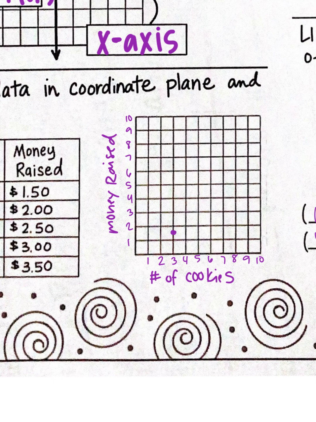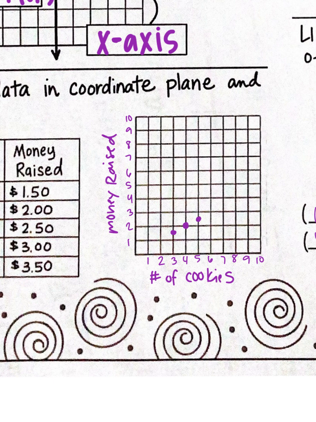Okay, next I'm going to go over how far? 4. So over here. And if I sell 4 cookies, how much money do I raise? $2. So my next point will go right here. My next point, I'll have to go over to 5 and then up to $2.50.